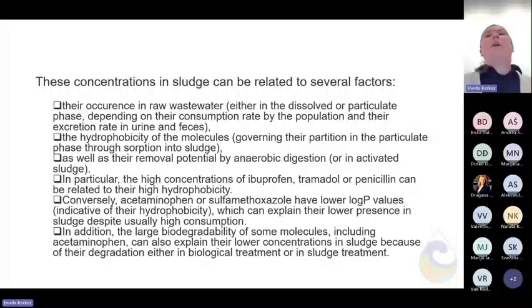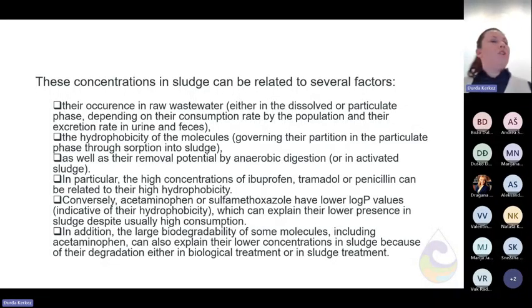Also, it is affected by the removal process by anaerobic digestion. High concentration of ibuprofen, tramadol, and penicillin can be related to their high hydrophobicity. On the other hand, acetaminophen or sulfamethoxazole have lower log P, which can explain their lower presence in sludge samples despite their high consumption.